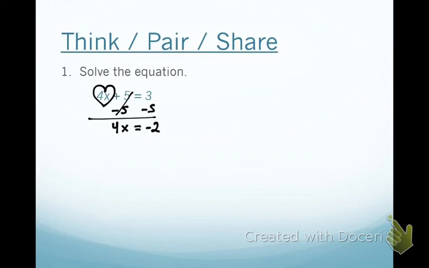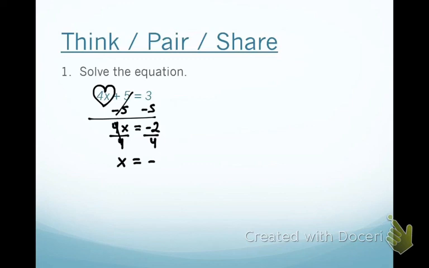What is not allowing the variable to be alone? Multiply by 4. How do I get rid of multiply by 4? Divide by 4. Now this is the mistake I saw a lot of people make. I'm left with x equals, how many of you would say you got this far? And many people wrote this, negative 2. It is not negative 2. Let's think about this.